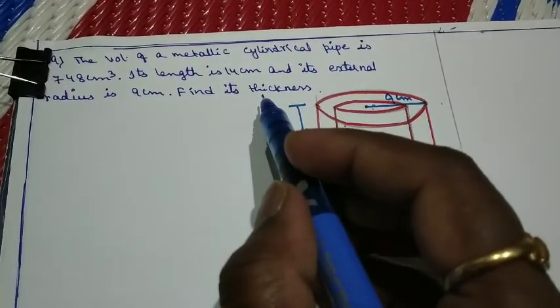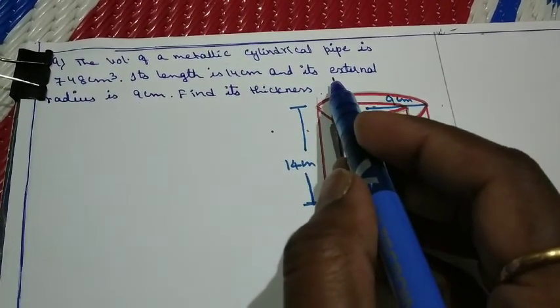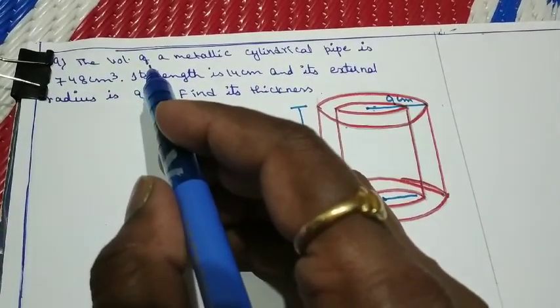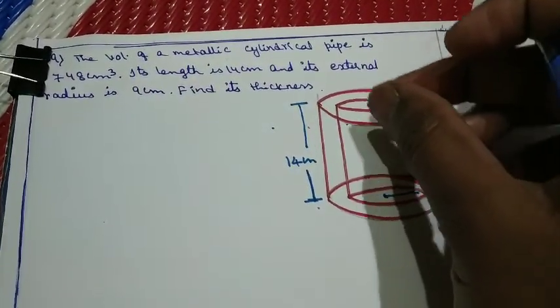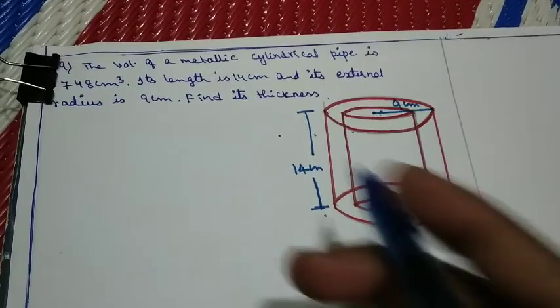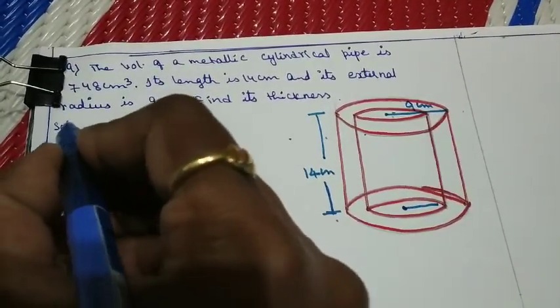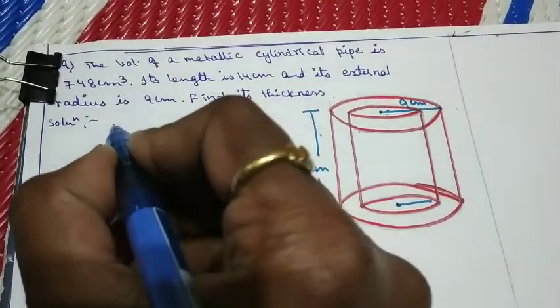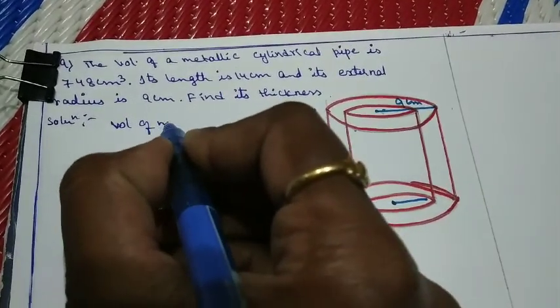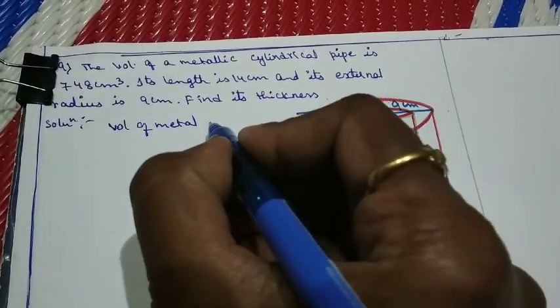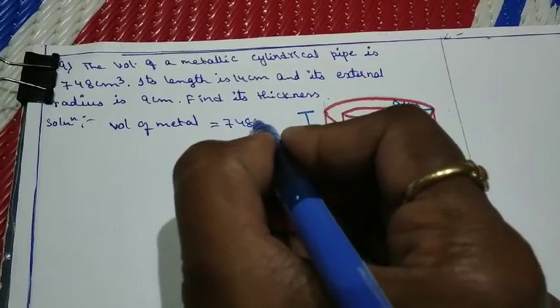So whenever there is a thickness and external radius and volume given, it is understood that it is the volume of metal used to make this cylinder. So here solution: volume of metal equal to 748 centimeter cube.